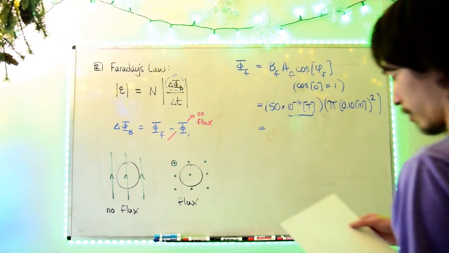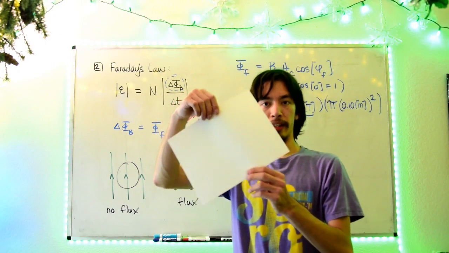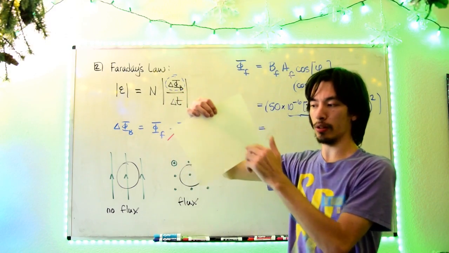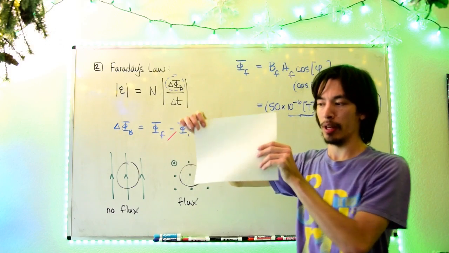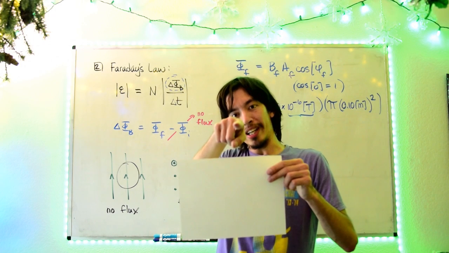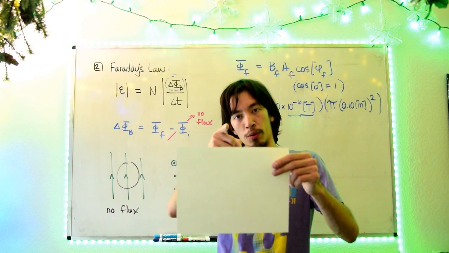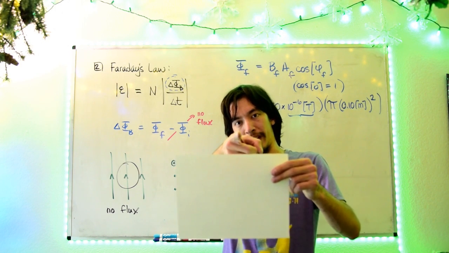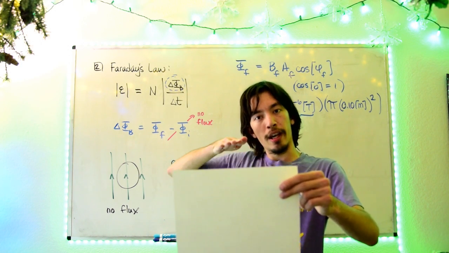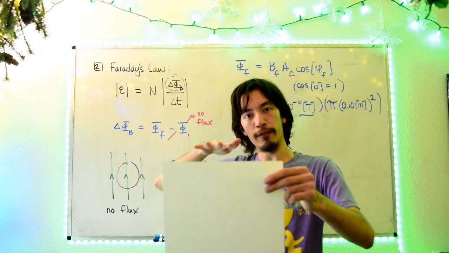Okay, so pretend that this piece of paper is basically where the loop resides in, so the loop is in the plane of this paper. Now, let's say that the magnetic field is coming straight at you, okay? So if the magnetic field was coming straight at you, it would pierce through the paper like this, and that would be the flow of a magnetic field through an area.